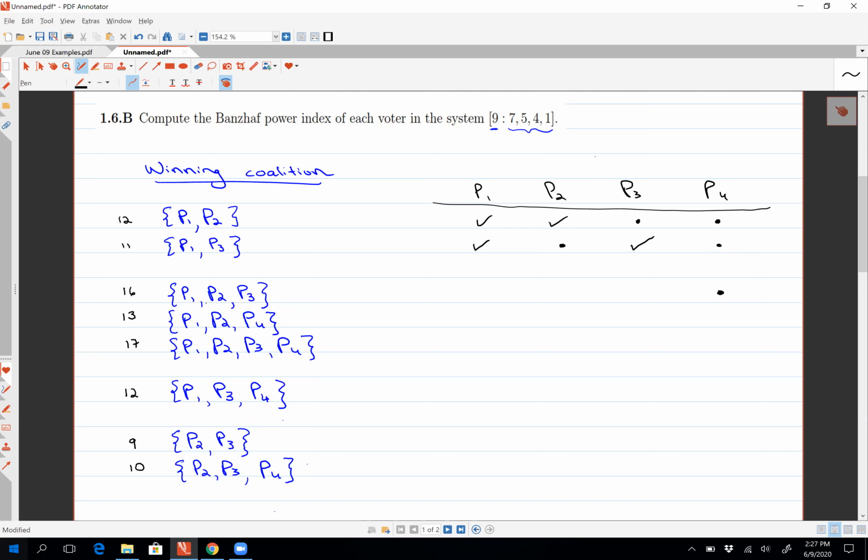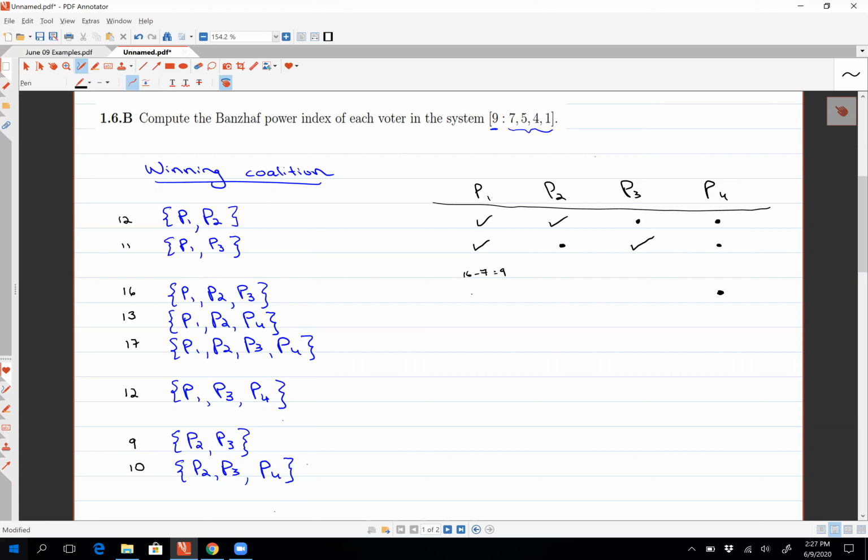What about P1, P2, and P3? If I remove P1, those 7 votes, I still have 9 votes left. Like if I take the 16 and I remove 7, I still have 9 votes left.